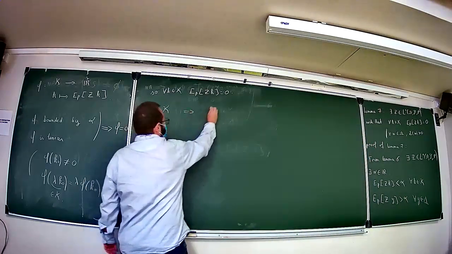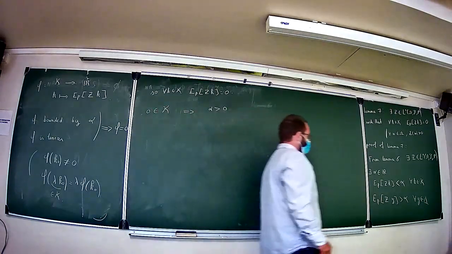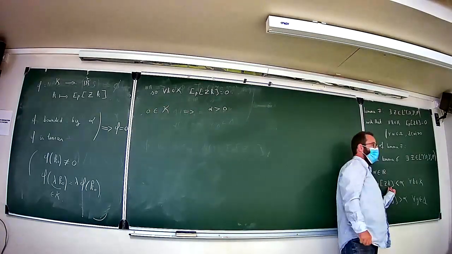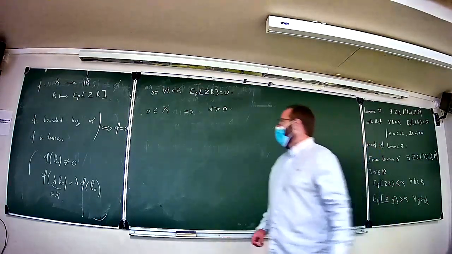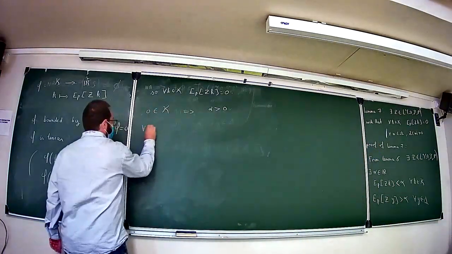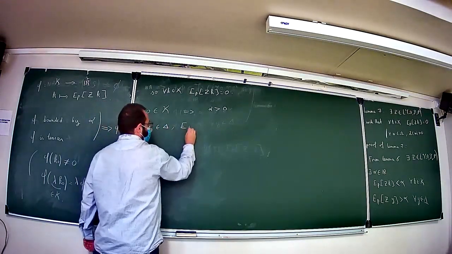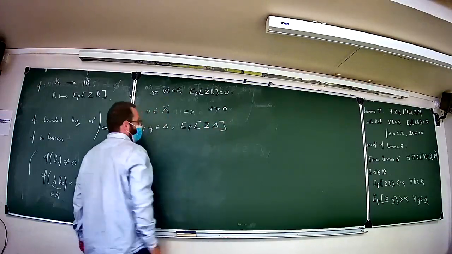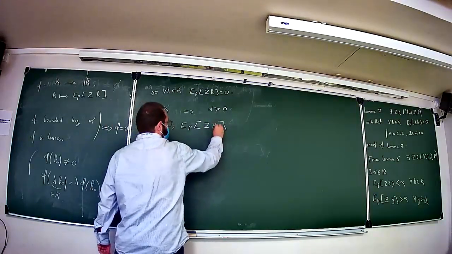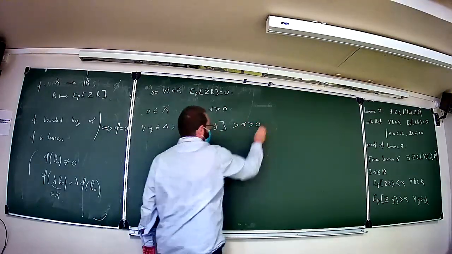This implies that alpha is strictly positive, because if I take k equal to 0 here, I obtain alpha strictly positive. So I have that for all y belonging to delta, the expectation under P of Z y is in fact strictly greater than alpha, that is strictly positive.